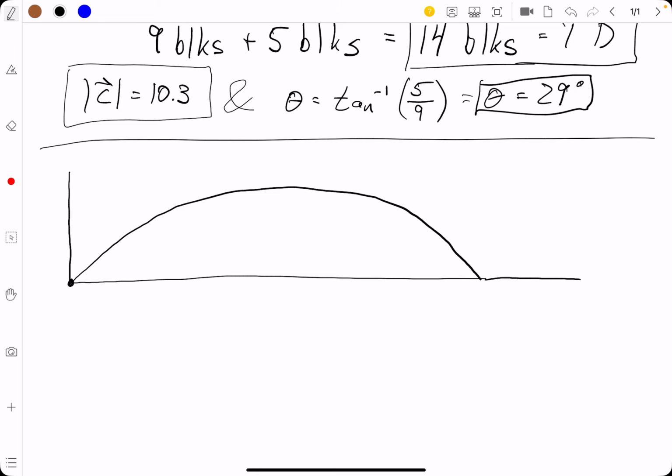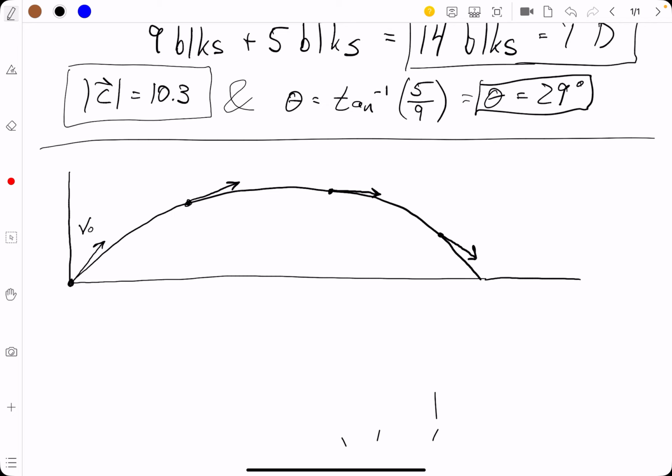There's an initial velocity that it has. The velocities at each step along the way are tangent to the curve. So these are just velocity vectors.